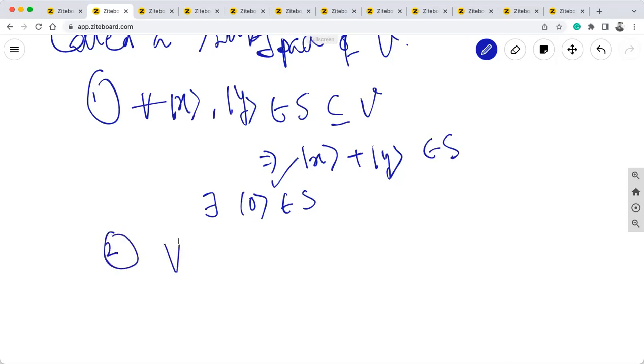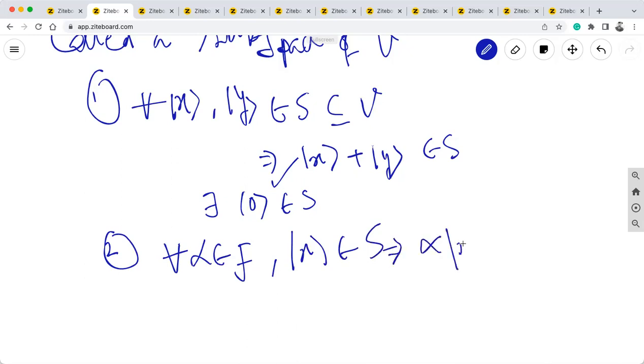Secondly, for any scalar alpha belonging to the set F and any |x⟩ belonging to the set S, alpha times |x⟩ should belong to the set S. So these two properties must hold for a subspace. That means a vector subspace is also a vector space.